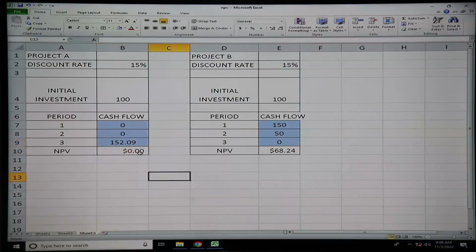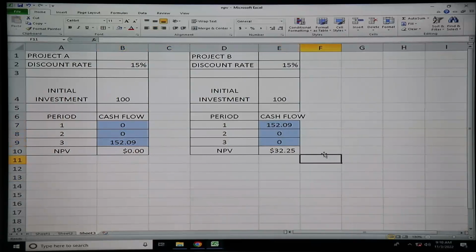Notice that the net present value is 0. Here we will do the opposite: we type 152.09 here, and the others will remain 0.